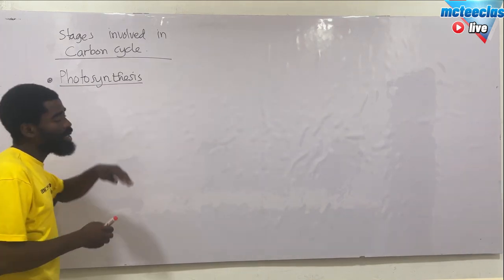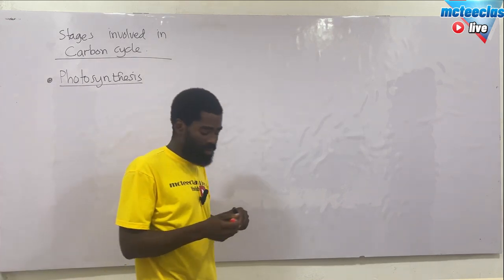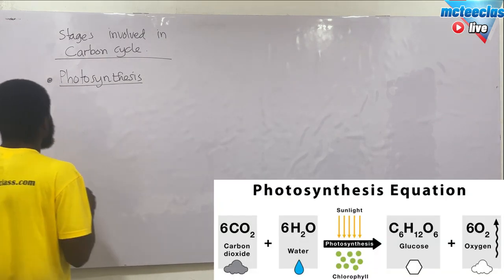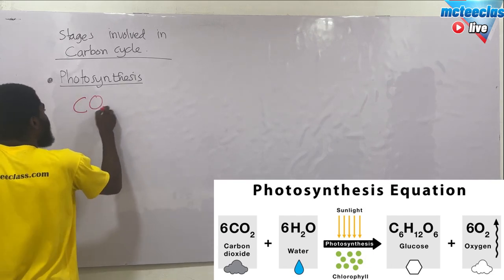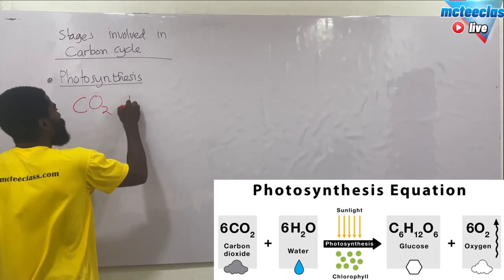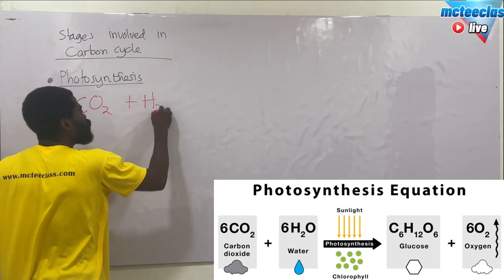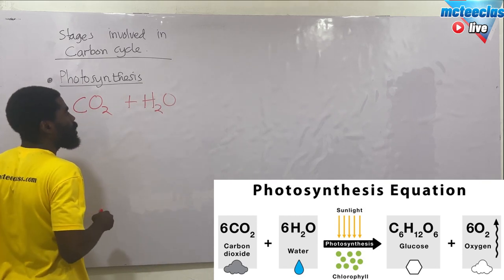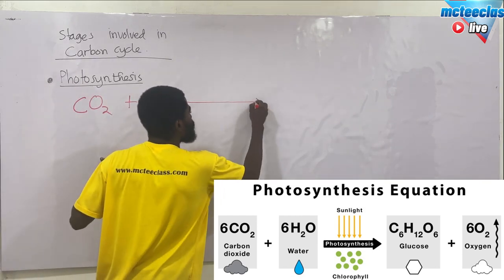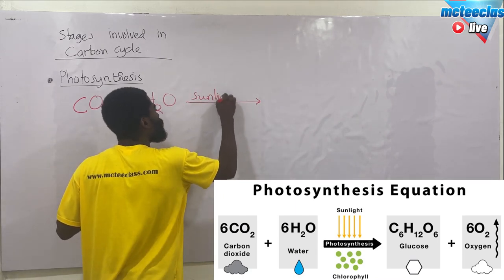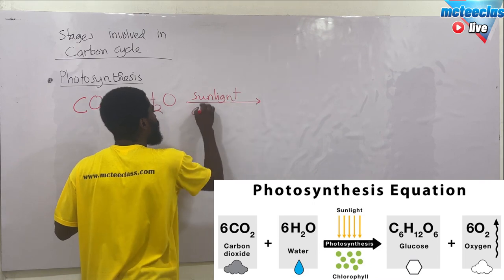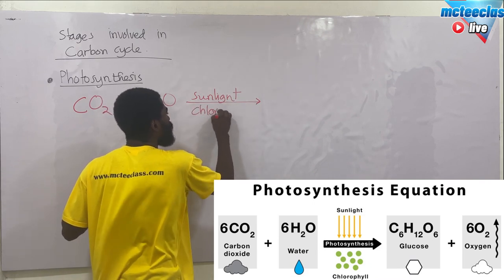So now there's an equation representing the process I've described. In photosynthesis, we have carbon dioxide in the atmosphere plus H2O, which is our water, in the presence of sunlight and chlorophyll.